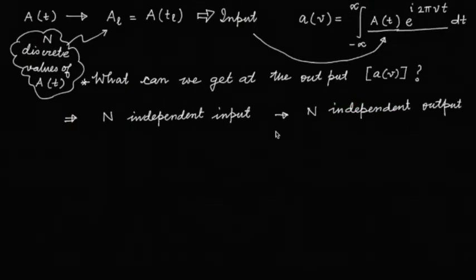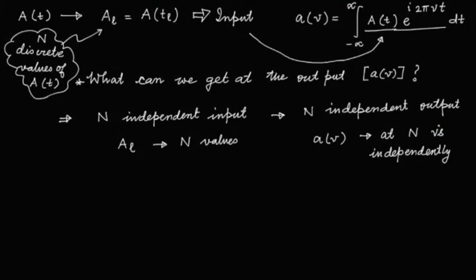Which means I have n values, so I can estimate a(nu) at n nus independently. Because I can only estimate it at some n values, the frequency domain has to be discrete again.